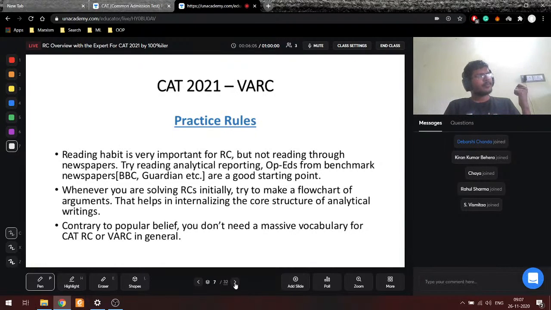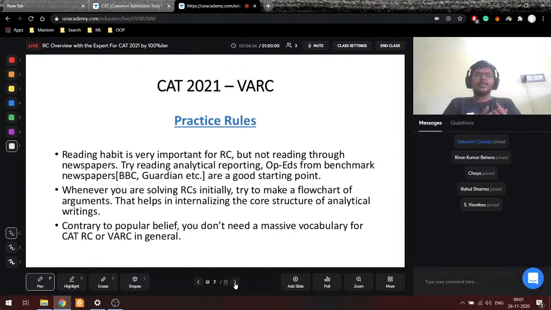However, as I was saying, in CAT VRC you do not need to understand all of the difficult vocabulary being presented within the passage. I would come to examples for that purpose later, on how you can answer even vocabulary-based questions of words you do not know the meaning of. You can do that in VRC without knowing the specific meaning of the word.